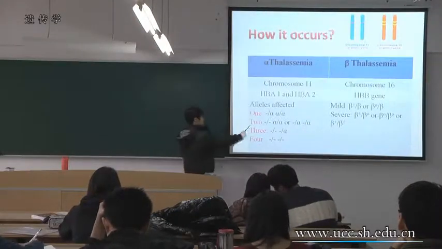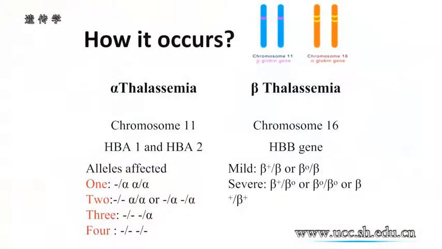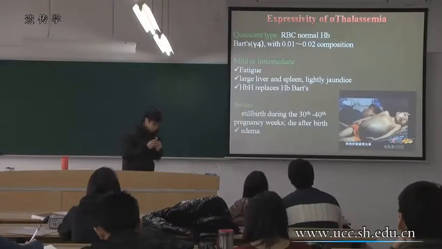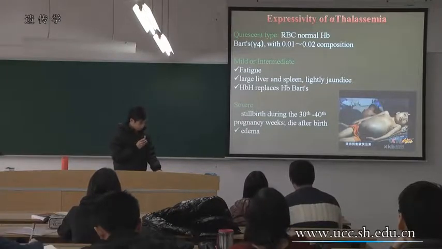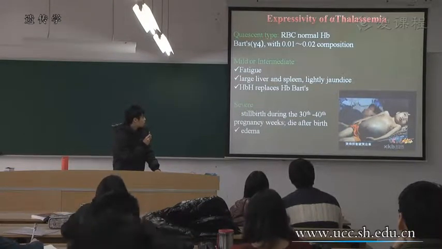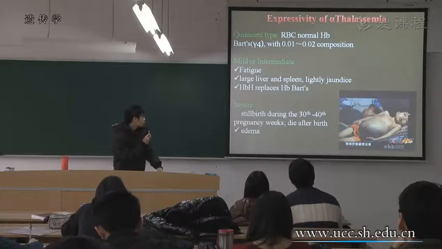Like this one, these 2 or 3 alpha genes are deleted, and it causes the intermediate form. Hemolysis also happens easily if the patient takes oxidative drugs. The results from the experimental blood check show that hemoglobin H is going to replace hemoglobin Bart's, which is constituted of 4 gamma globin genes.